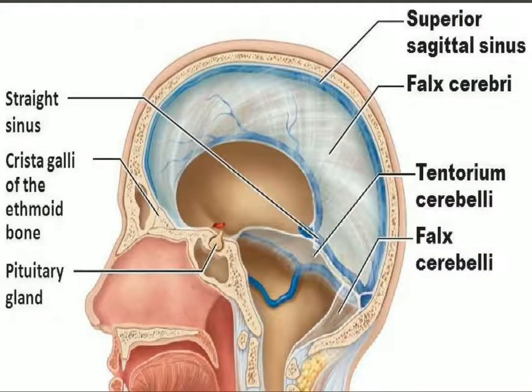This also you can see in this figure. This is the line of attachment of the falx cerebri and the tentorium cerebelli, and you can see the straight sinus is present over here.